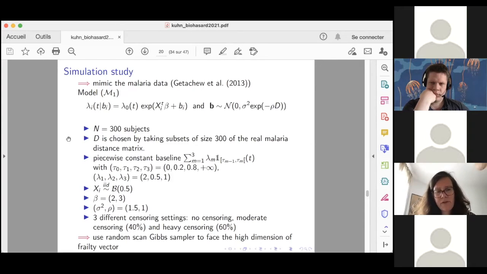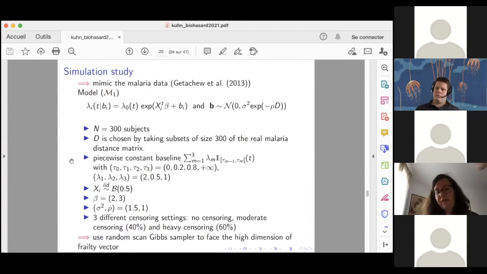And for the matrix D, we choose the value of the real malaria data sets. And for the baseline function, we take piecewise constants because we want to model the seasonal effect. So we have data on 2 years, and each year you have 3 seasons depending on the rain, which are more or less important.